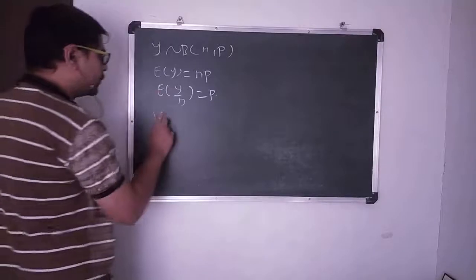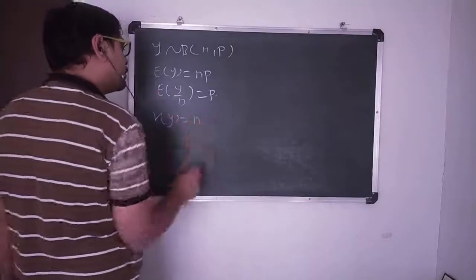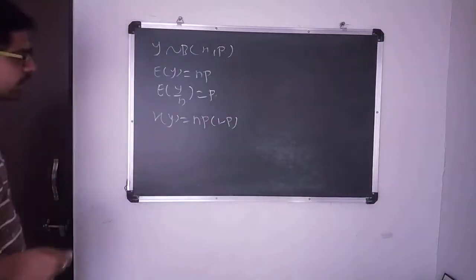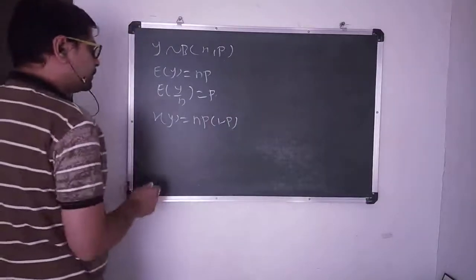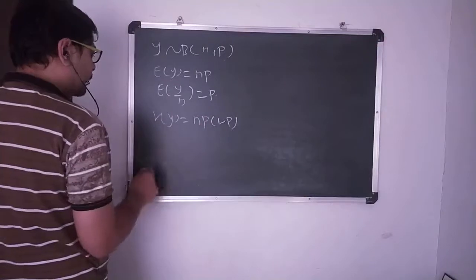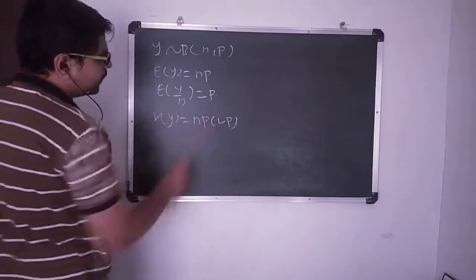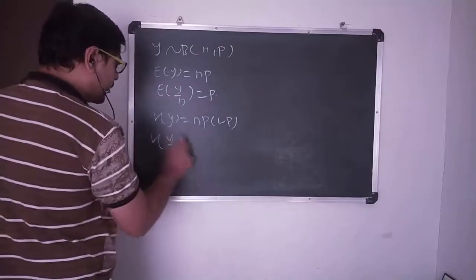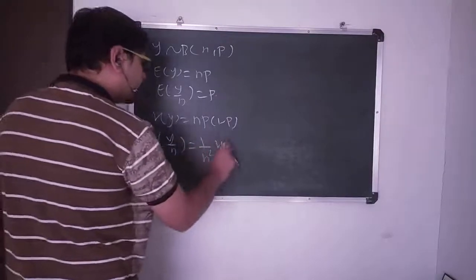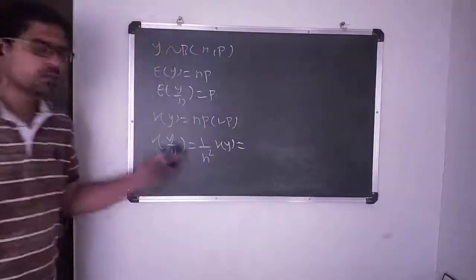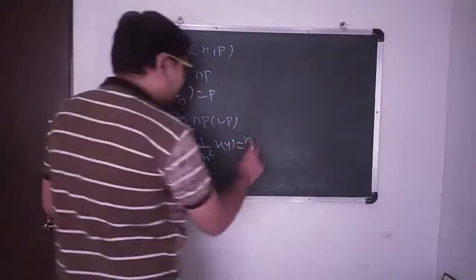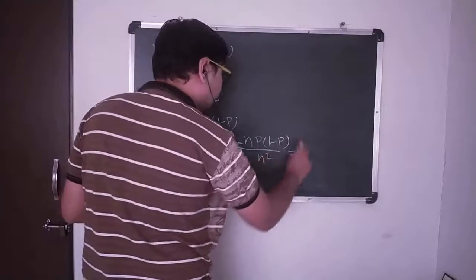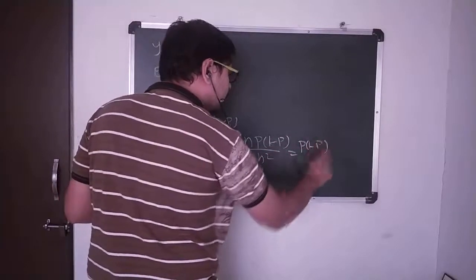Now consider the variance of Y. It is n p (1 - p), that is npq, where q is 1 - p. So the variance of Y/n is equal to 1/n^2 times the variance of Y, which is n p (1 - p) divided by n^2, which is equal to p(1 - p)/n.